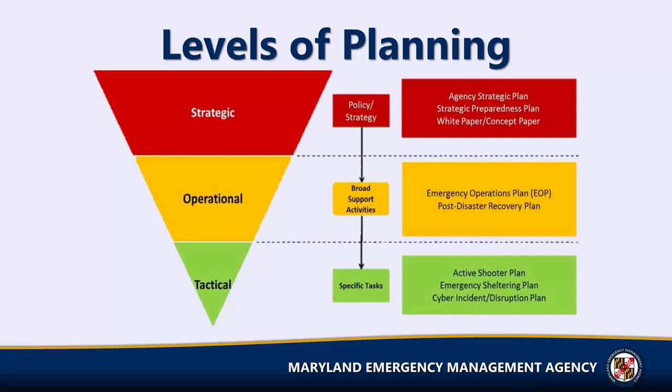Moving further down to the tactical level, tactical plans outline very specific procedures for completing individual tasks. Tactical planning typically resides at the incident management level. Examples of tactical plans include active shooter plans and cyber disruption plans. Each level of planning is discussed in further detail on the next few slides.